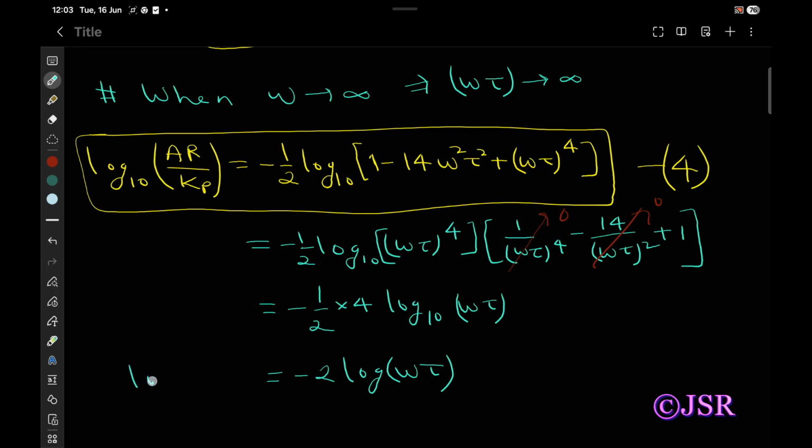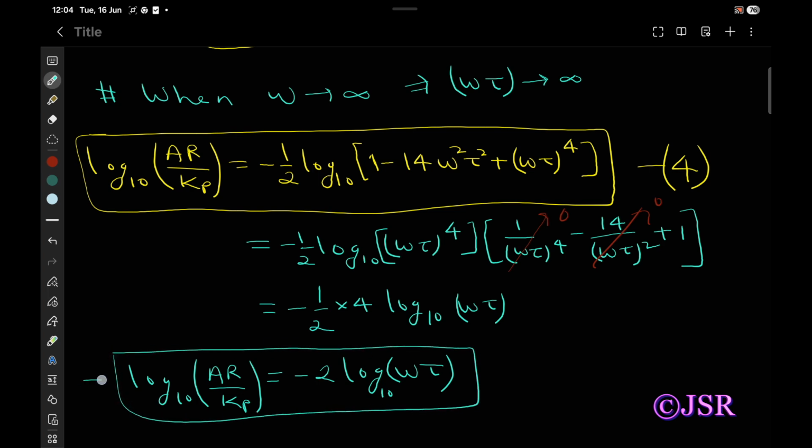So this is equal to log 10 of AR upon Kp, and that will be equal to minus half log 10 minus 2 log 10 of omega tau, and this is the equation of high frequency asymptote.